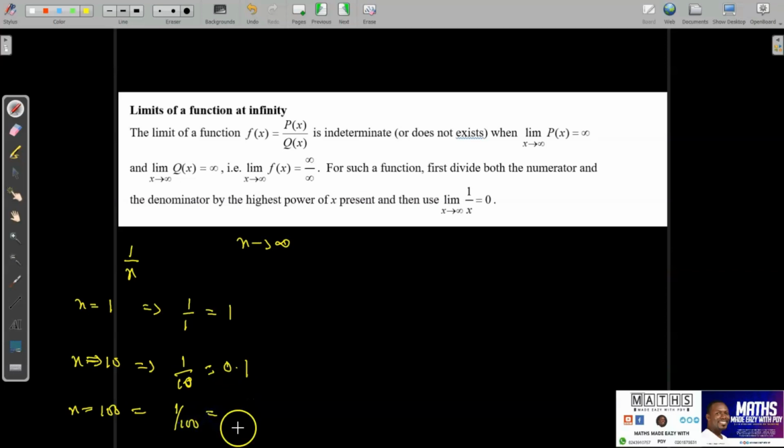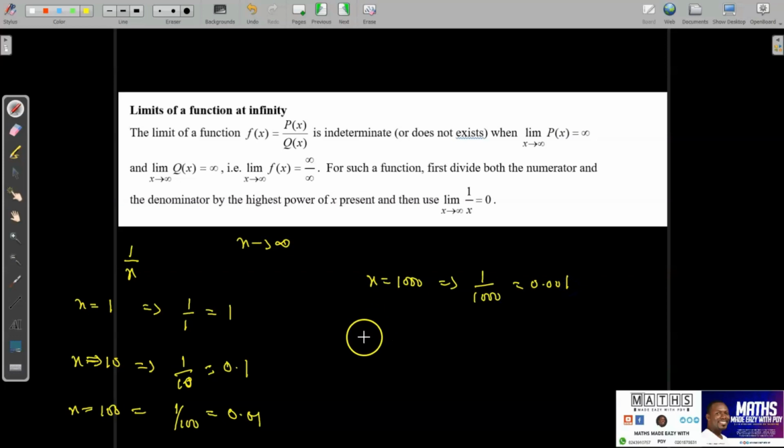What is the answer in decimals? 0.01. Very good. Then we may have x equal to 1000. Then it means our function is going to be 1 over 1000. And I believe you tell me it is 0.001.